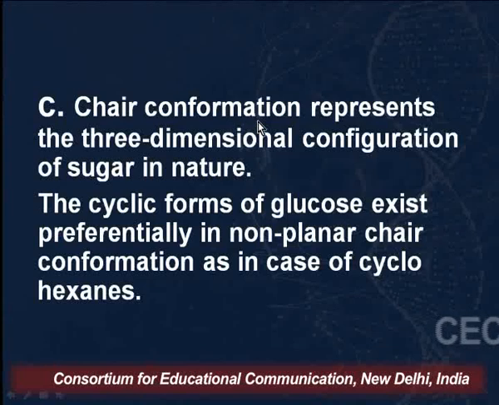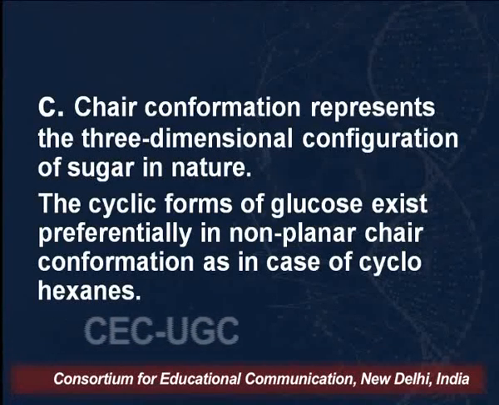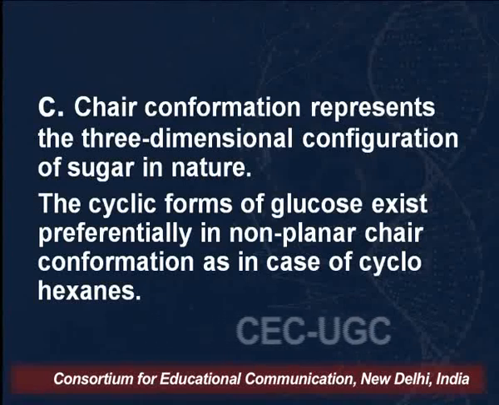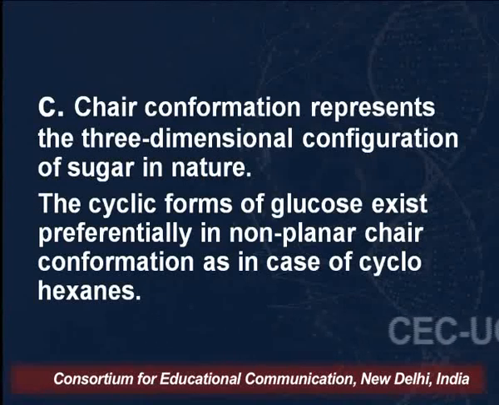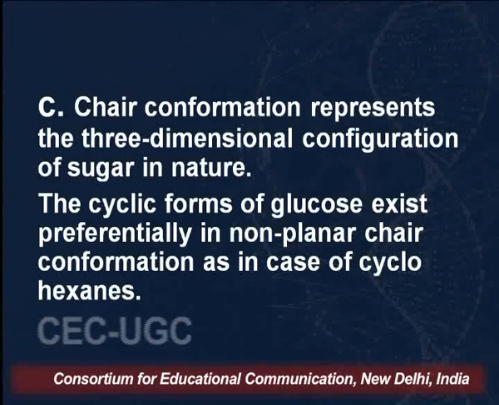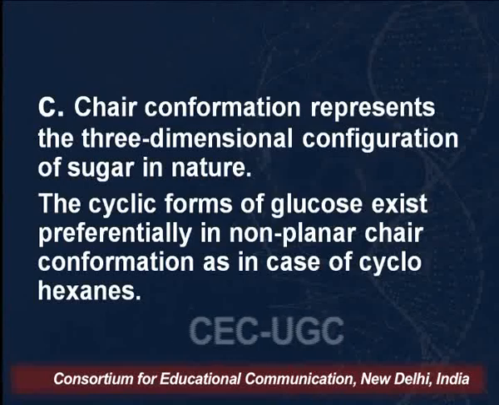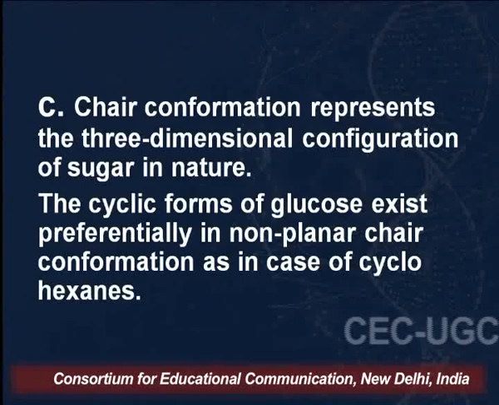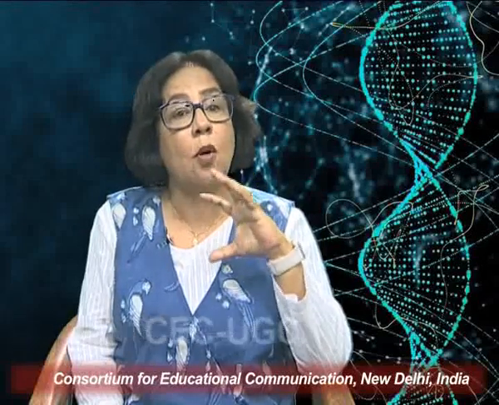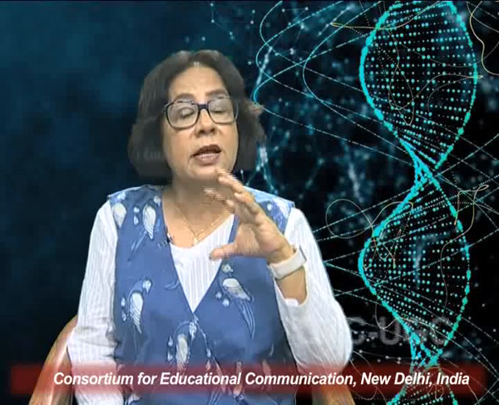We prefer to represent the Haworth projection in chair conformation, which is a 3-dimensional configuration of a sugar in nature. And why do we like to do this? Because we know that 6-membered rings are non-planar, and especially the chair form is non-planar and stable, because in that case all the bond angles are close to the tetrahedral angle of an sp3 hybridized carbon.